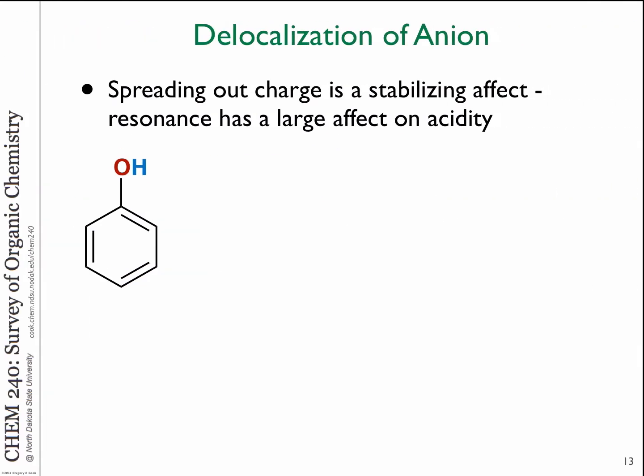Another thing that has a great effect on acidity is spreading out charges through lone pairs delocalizing into pi bonds. When they are right next door, there are what we call resonance forms that can help spread out the charge. I'm just going to briefly introduce this. Your book doesn't really cover this, but some people might be curious to know why phenol has a pKa much, much lower than other alcohols.